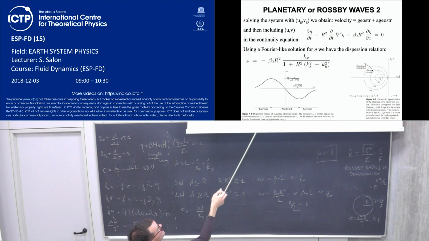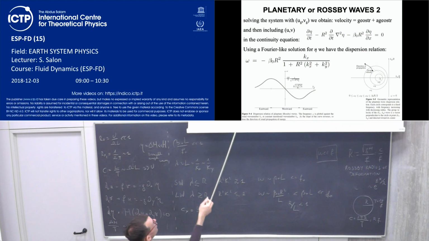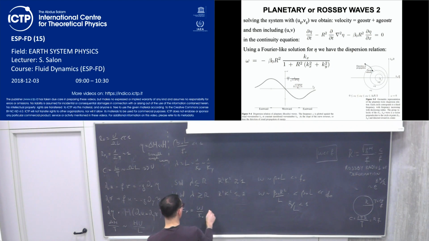If I neglect this, which can in general be positive or negative, what will I obtain for the phase velocity along x is only this expression here. But this expression here is positive, so it means that the phase velocity along x will always be negative. Okay, that's why we talk about westward propagation.